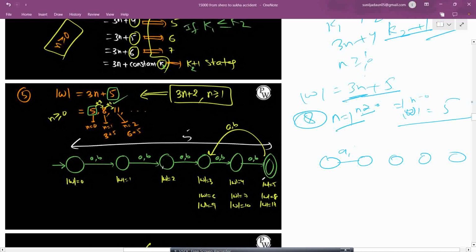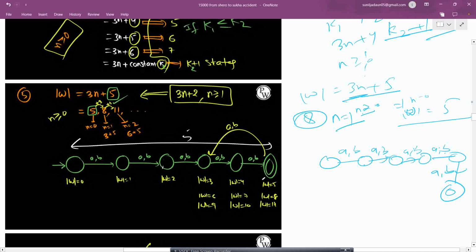This is a, b, this is a, b, this is a, b, a, b. What is the length? 1, 2, 3, 4. And if it's 5, then where will it go? 1, 2, 3, 4, and this is also 5, so this is a, b.